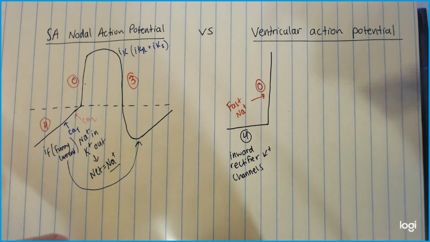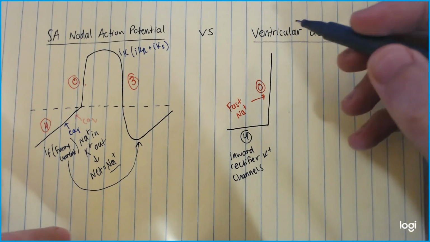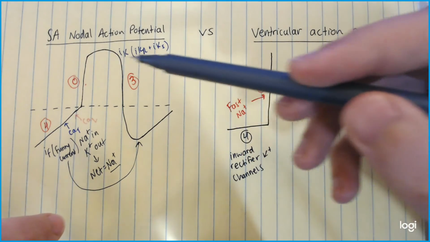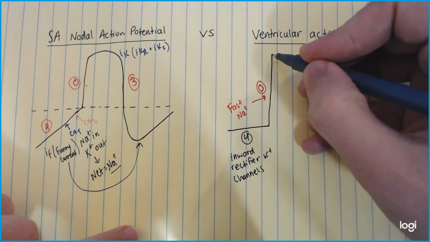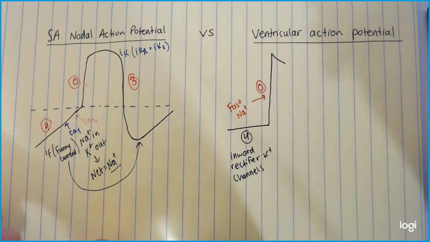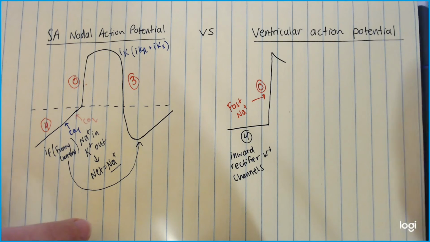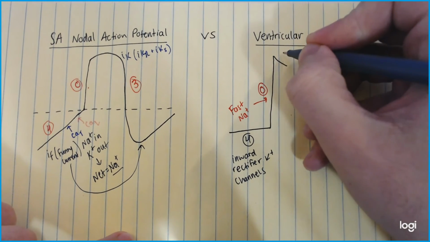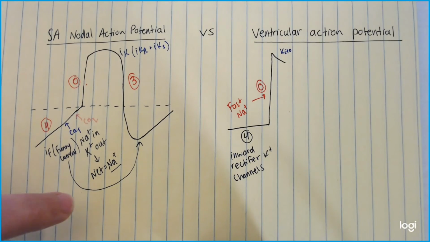Okay, now we have to repolarize the cell. So this repolarization stage is a little more complicated than just going down, like in the nodal. So first we have a small dip, and that dip is a potassium channel. So that's the KITO, the ITO channels.